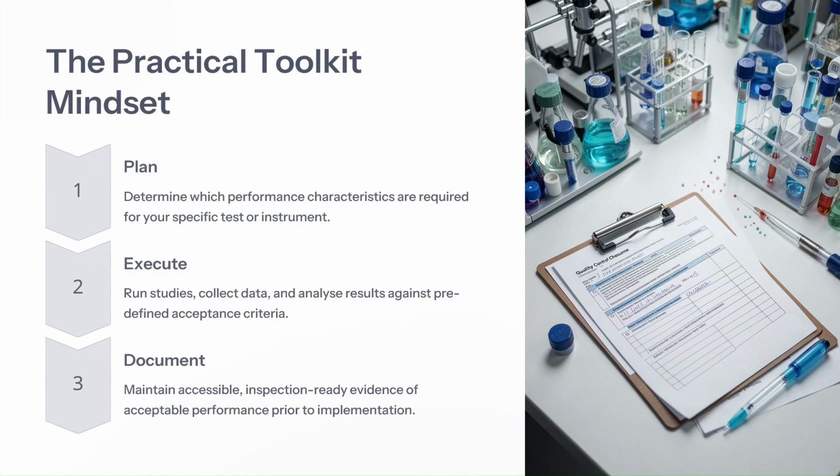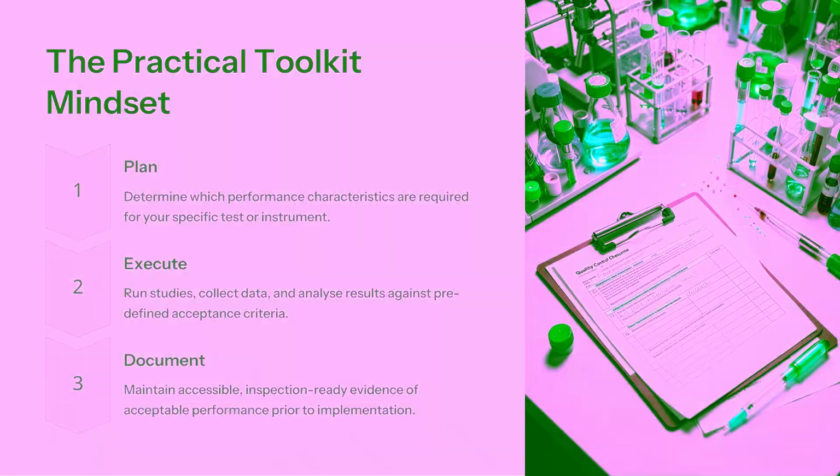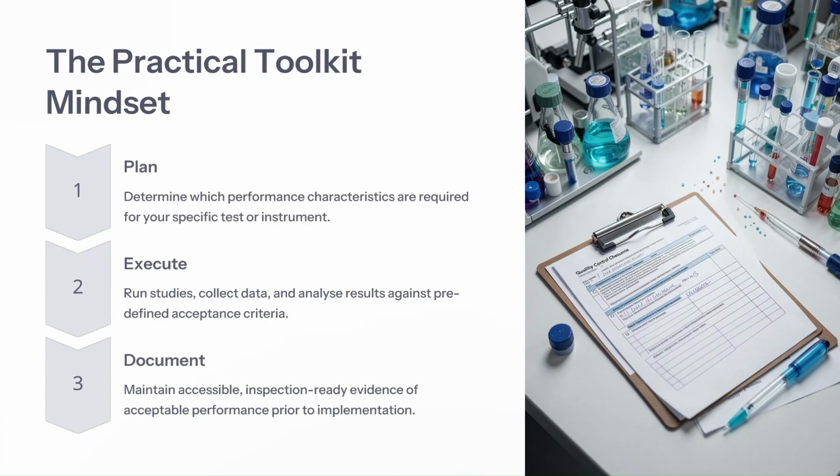The third step is document. All procedures, observations, calculations, derivations, and conclusions must be recorded properly. Documentation is extremely important because regulators evaluate not only the study results but also the evidence supporting those results. A well documented validation study demonstrates scientific rigor and regulatory compliance.